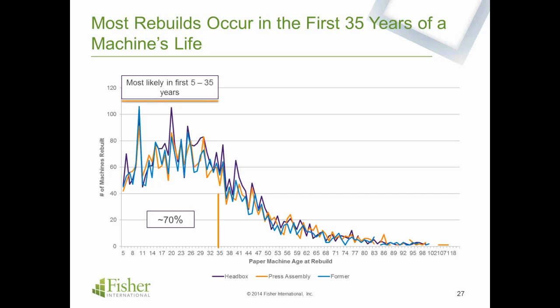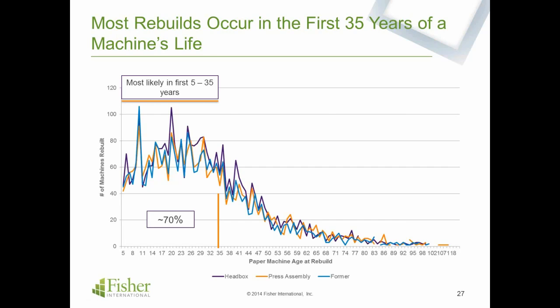In fact, about 70% of all the rebuilds that have been done historically have been done on machines that were between 5 and 35 years of age. New machines, of course, aren't likely to be rebuilt because they were just installed, but you'll notice that machines that are pretty young have undergone rebuilds, about 70% in that category.